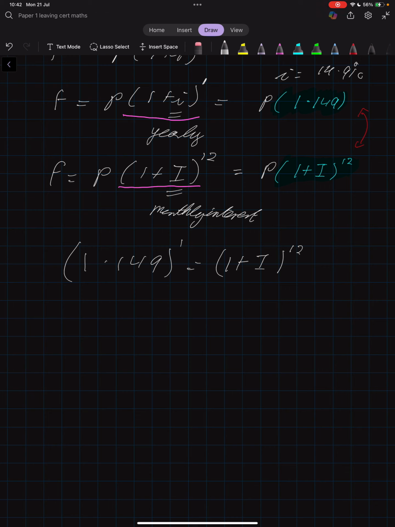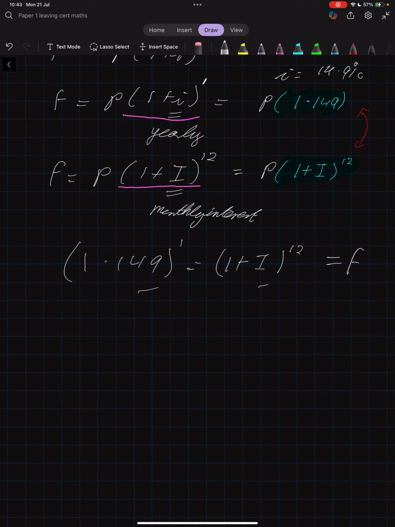Okay, so hopefully that makes sense. If they're asking what's the monthly compounded interest rate, basically what that means is you should have the same amount of money both ways. So these are both equal to F. So if I do it yearly, I have this. If I do it monthly, I have this.